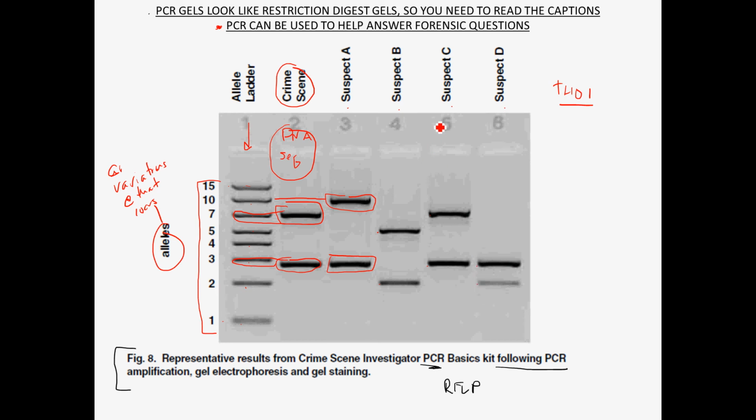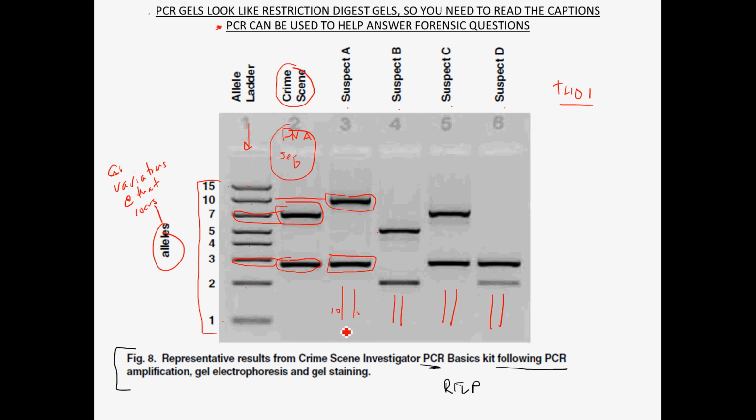Now, you may be tempted to say, okay, suspect A has one of those alleles but not the other one. Why? It's because everybody has these diploid organisms, so there are 2 copies of chromosome 11, and this has 2 of chromosome 11 and 2 of chromosome 11 and 2 of chromosome 11. So you have 2 loci. Suspect A on one chromosome at that locus TH01 had the 10 allele and has the 3 allele.